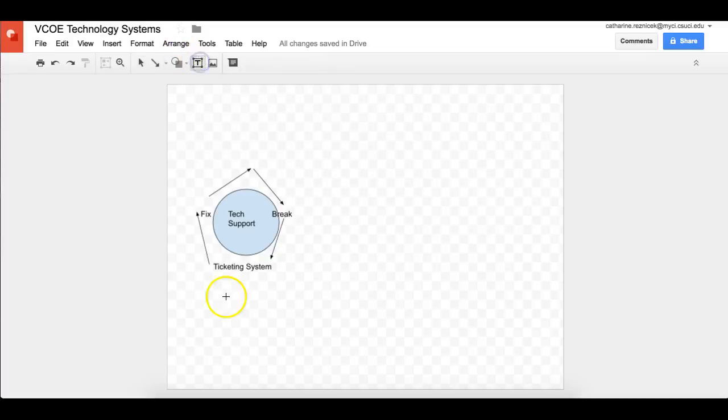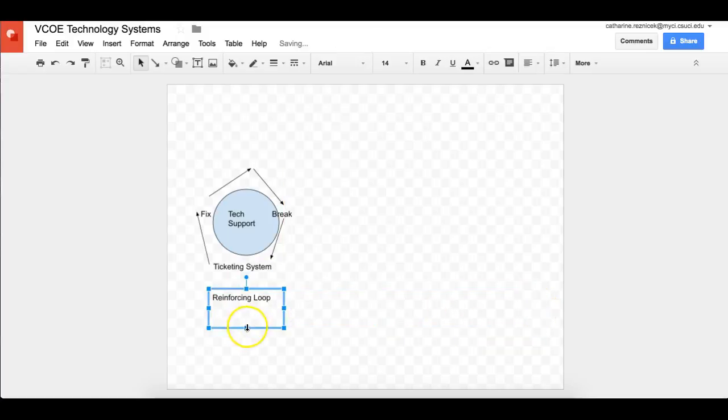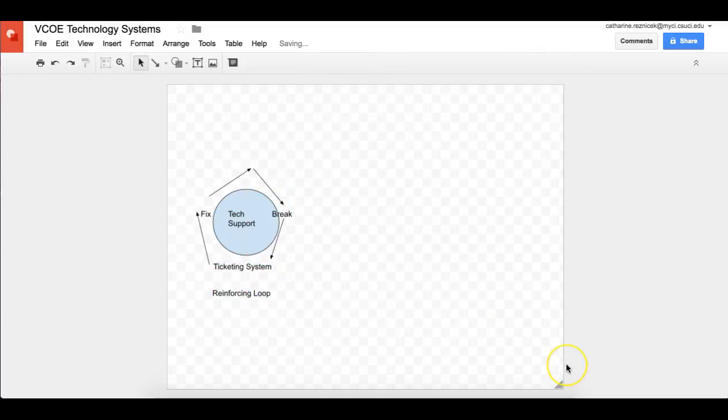So to me, this is the reinforcing loop. And I hope that I'm identifying that right, because to me, this is just a circle that goes around and around and around, and we just get this break, fix, break, fix, break, fix, break, fix, and it's all being mediated through our help desk ticketing system.